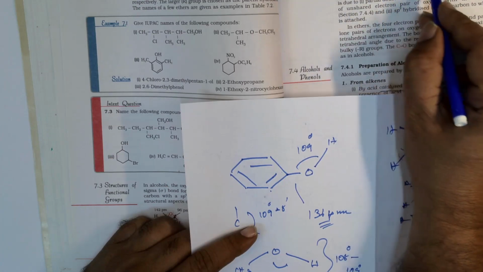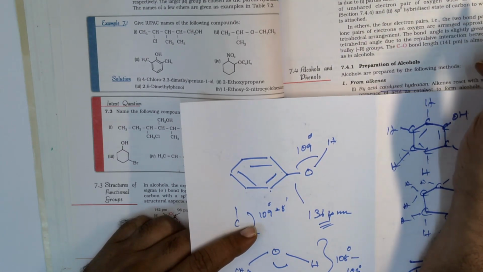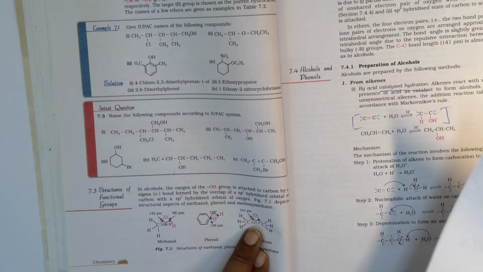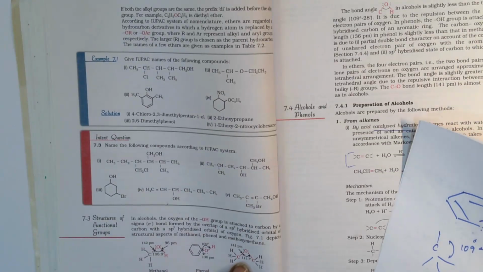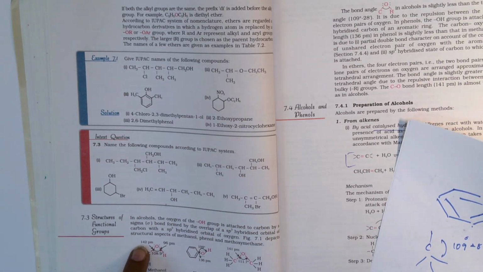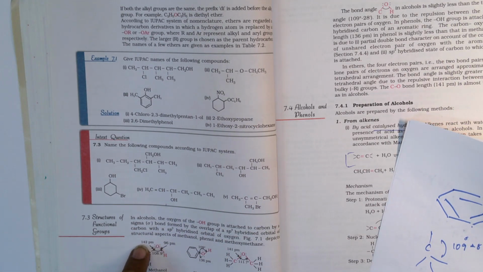So this is the C-O-H here. Whereas in the case of ether, the bond angle is 111.7 degree. And also in this case, the bond angle is 142.